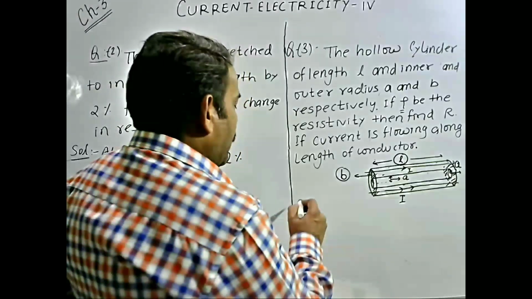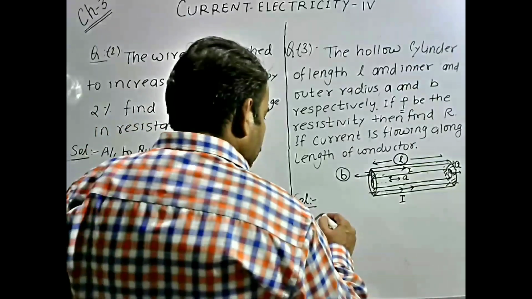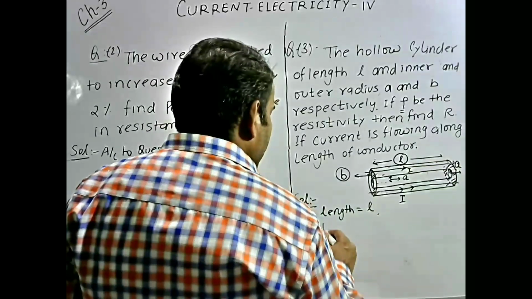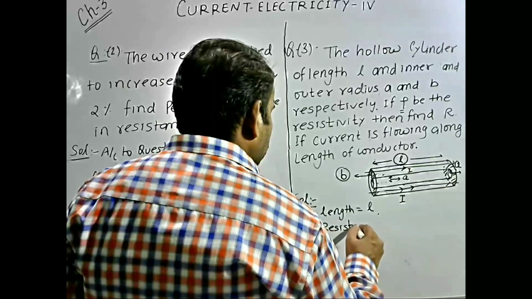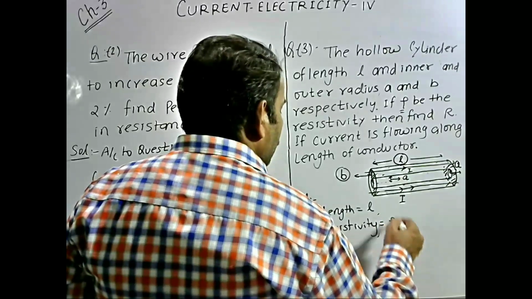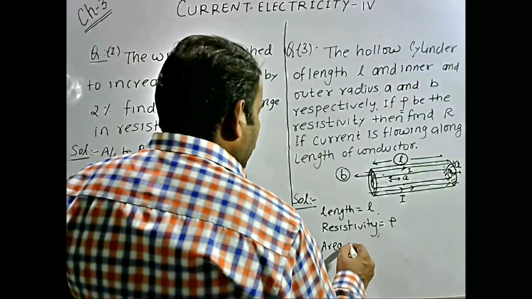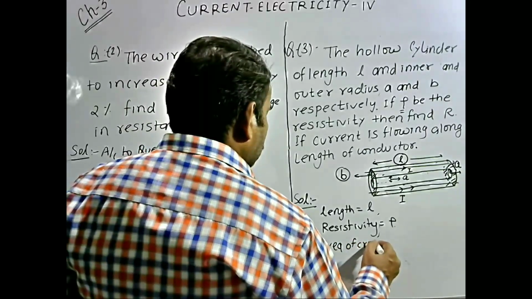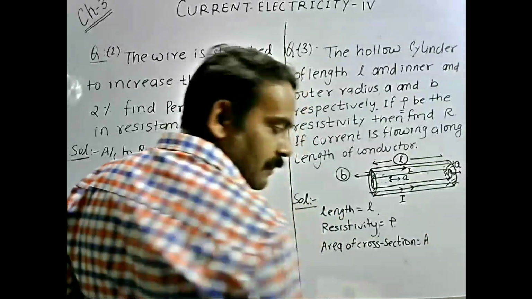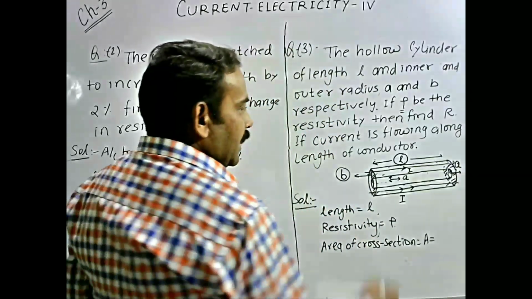So in this question the length of the cylinder is L, resistivity is rho, and the area of cross section is A, and the area of cross section capital A is equal to the area of this part.